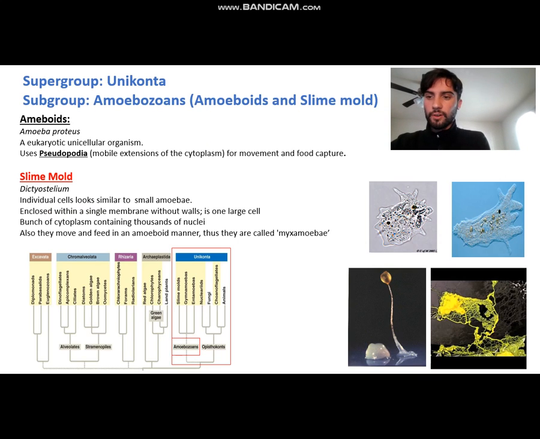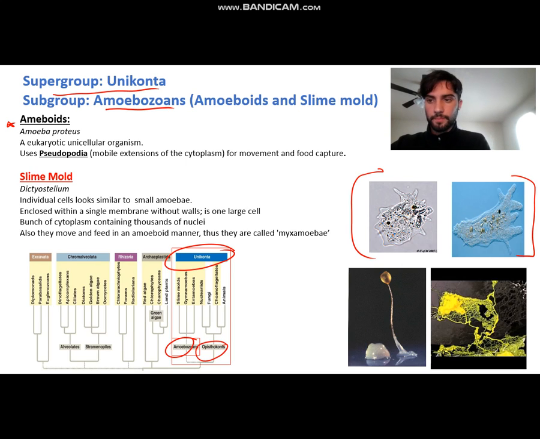Okay, so now we go to the supergroup Unikonta that includes the amoebozoans and the opisthokonts. So let's look at the amoebozoans first. We have amoeboids, which include amoeba. So here we have amoebas, just a single cell with pseudopodia, so it can move by dragging these pseudopodia.